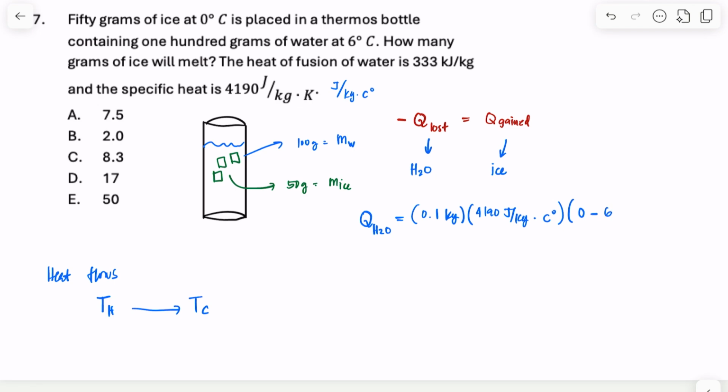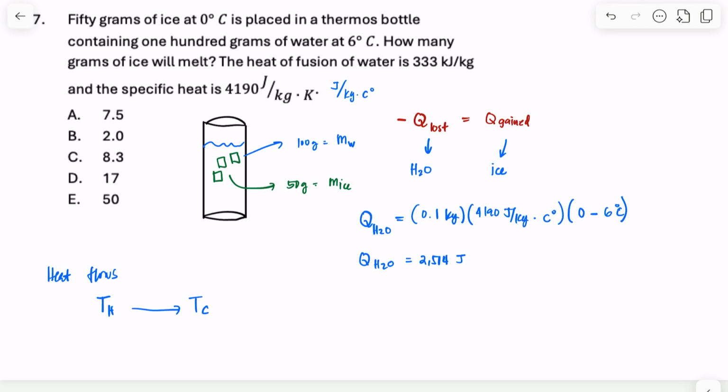6 degrees Celsius, so this will result in Celsius degrees. So the Q of the water, if you calculate that one, is equal to 0.1 times 4190 times 6, which is 2514 joules. So that's the heat energy.